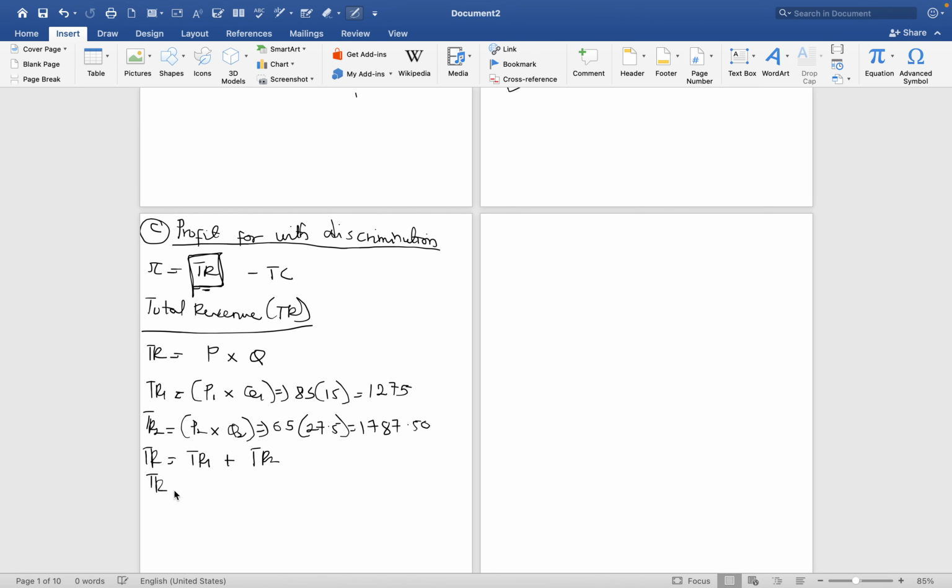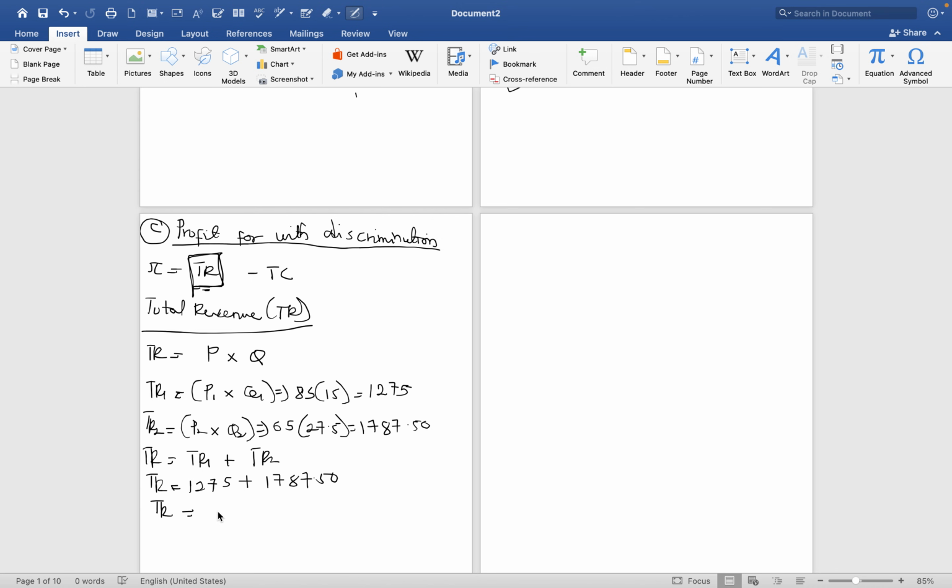So total revenue is equal to 1275 plus 1787.50. So our total revenue becomes 1275 plus 1787.50.